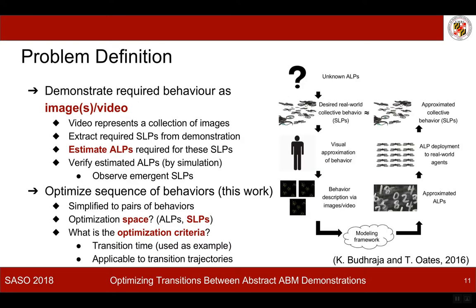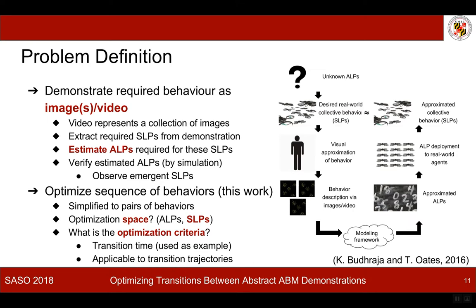So now we're going to define what the problem of this specific contribution addresses. We are demonstrating the required behaviors as image or images or video. We're defining a video to just be a collection of images.